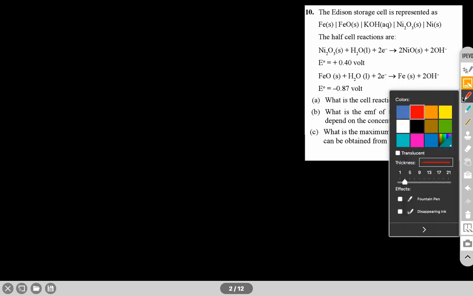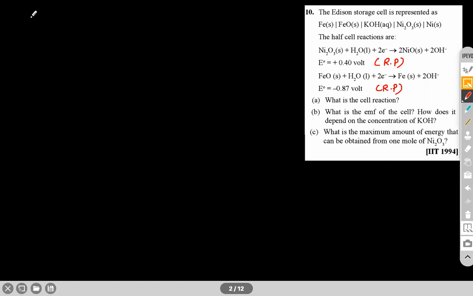E naught value is given for both, and both are reduction reactions. If you observe this, both are reduction reactions, and hence the potential that is given is the reduction potential. So what we can conclude from this, since the electron is getting consumed here, both are reduction potentials. So the one which has more reduction potential will get reduced.